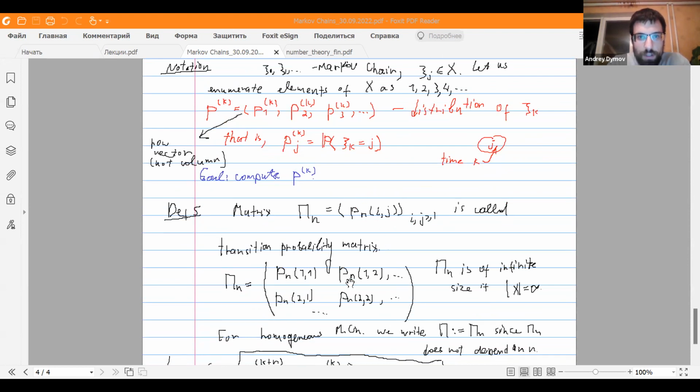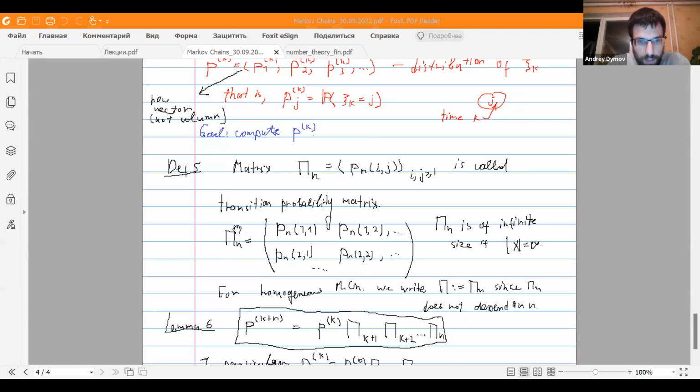At the position ij, I have the transition probability from the state i to the state j. And for each moment of time I have its own transition probability matrix. So for the moment of time n, this is Pn, which is written on the blackboard.